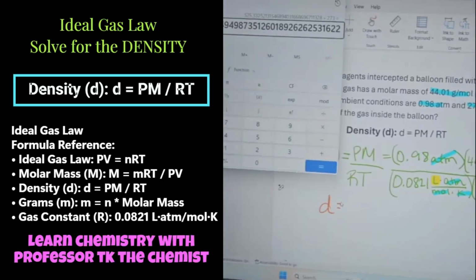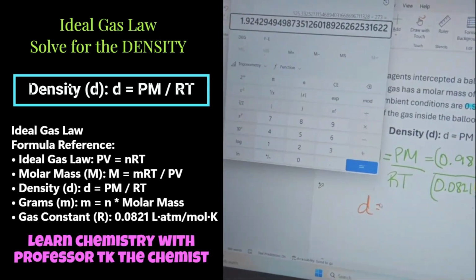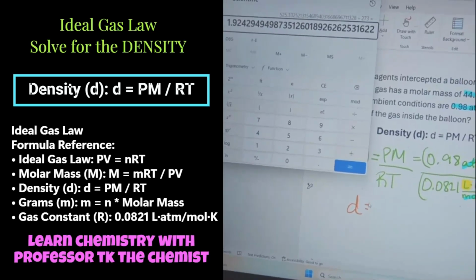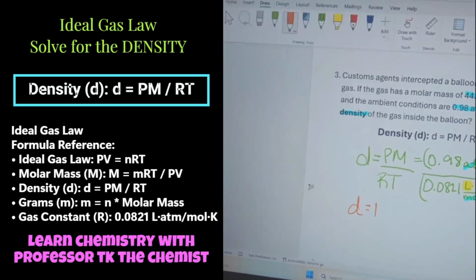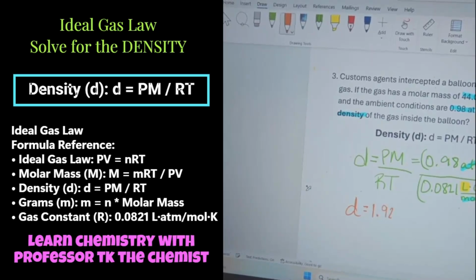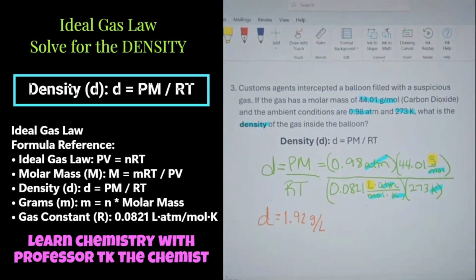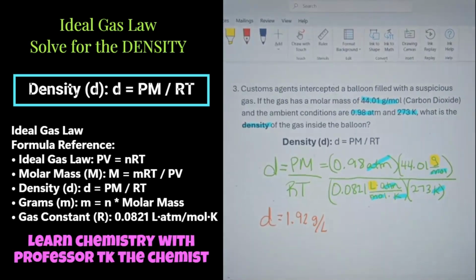So we just multiplied and divided those numbers, and there we have it, 1.92 grams per liter is the density of that gas. All right, 1.92 grams per liter. That is the density of carbon dioxide based on these conditions.